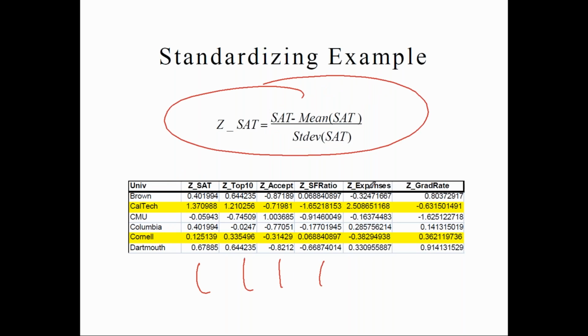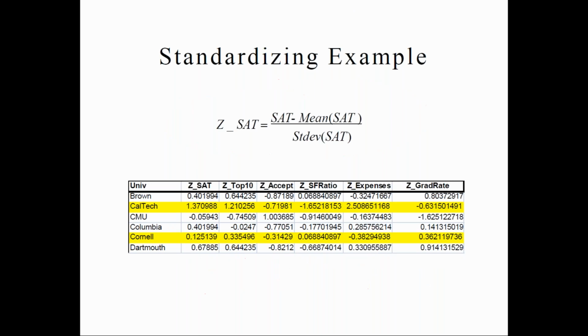You can see expenses has also been reduced to standardized values. All the values are standardized now. You can see here Caltech and Cornell University values are standardized.